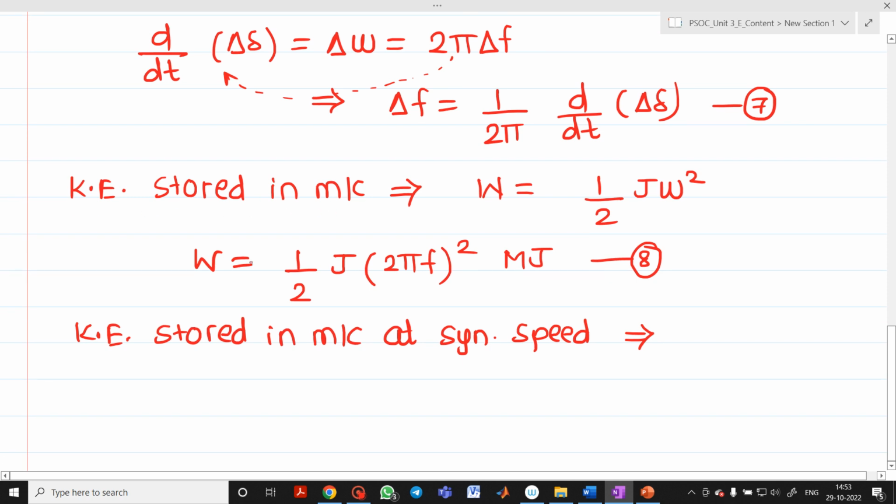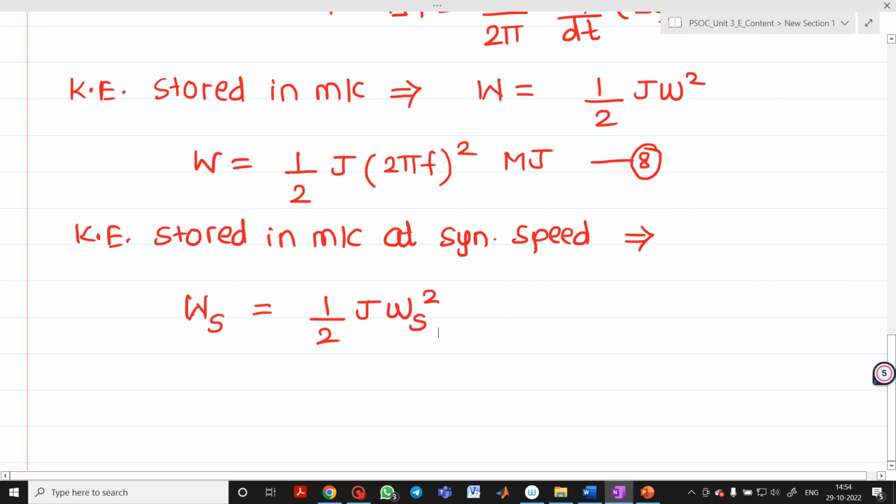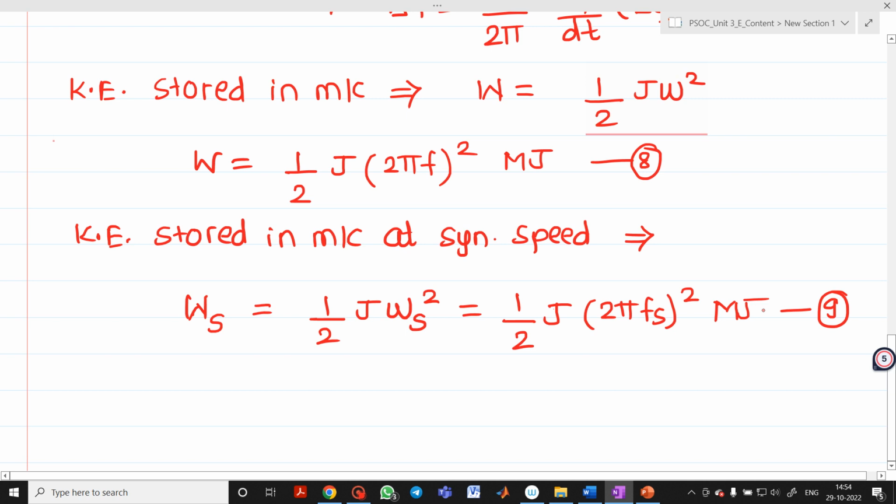Kinetic energy stored in the machine is represented by W, and the kinetic energy stored in the machine at synchronous speed is represented as capital W_s. So this will be 1 by 2 into J into ω_s square. Why ω_s? Because here we are talking about synchronous speed. So how can I modify this expression? Half into J into (2πf_s) square in megajoule. Treat this as equation number 9 here.